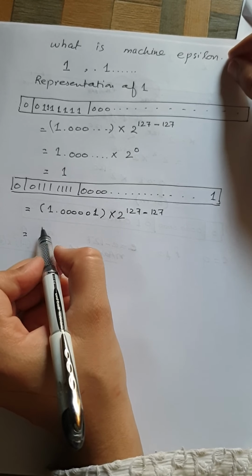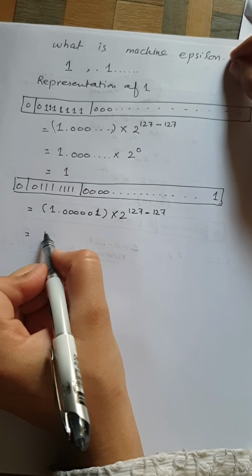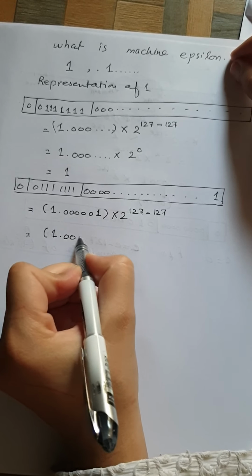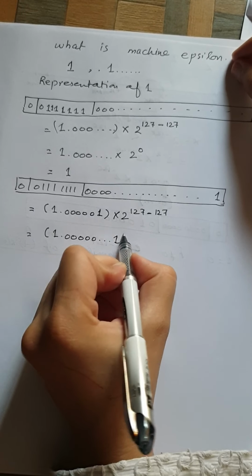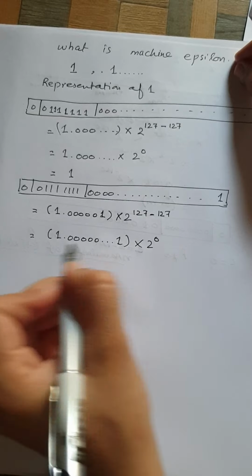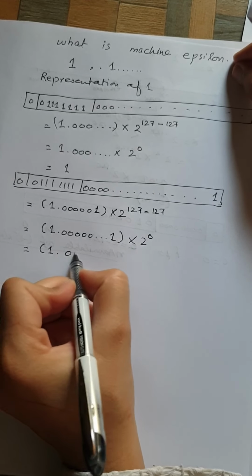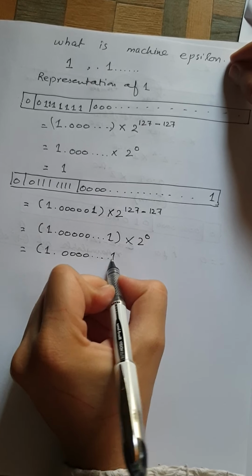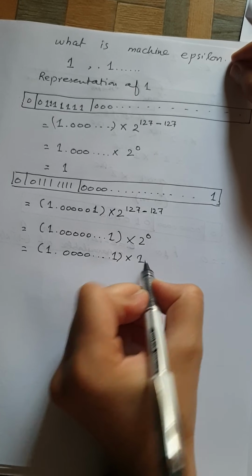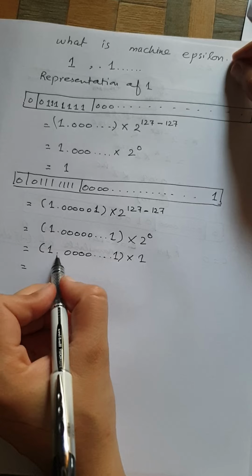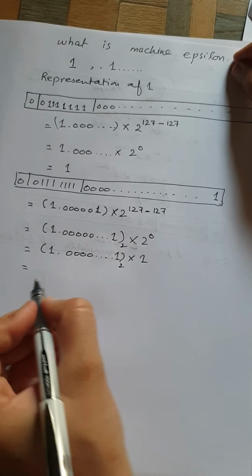So when you convert it into decimal format, or let's simplify it, this is equal to 1.0000 and then the 23rd bit equal to 1. Now let's convert this binary combination into decimal.